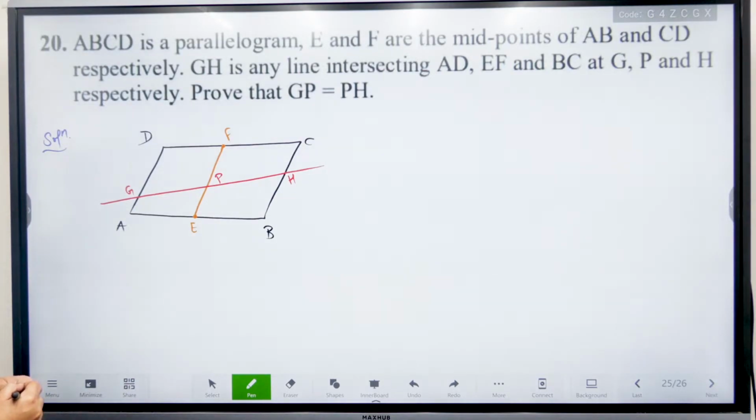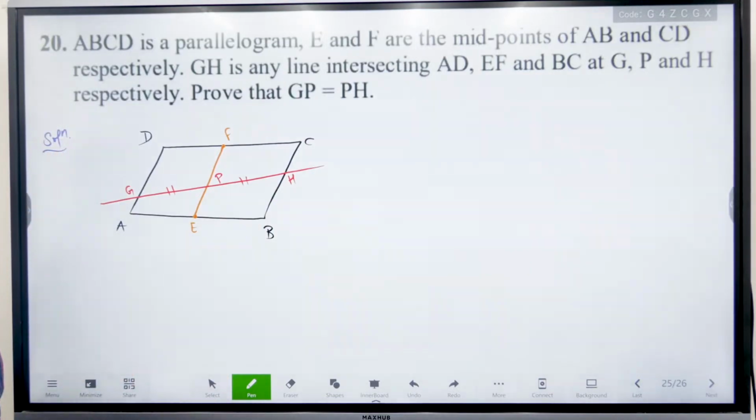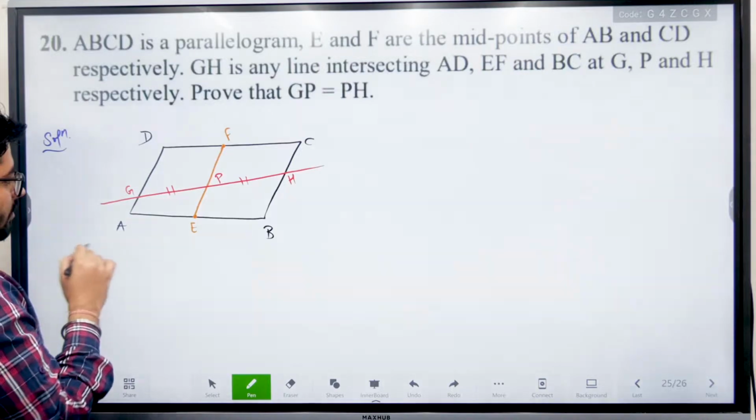Now prove that GP is equal to PH. That's the question.